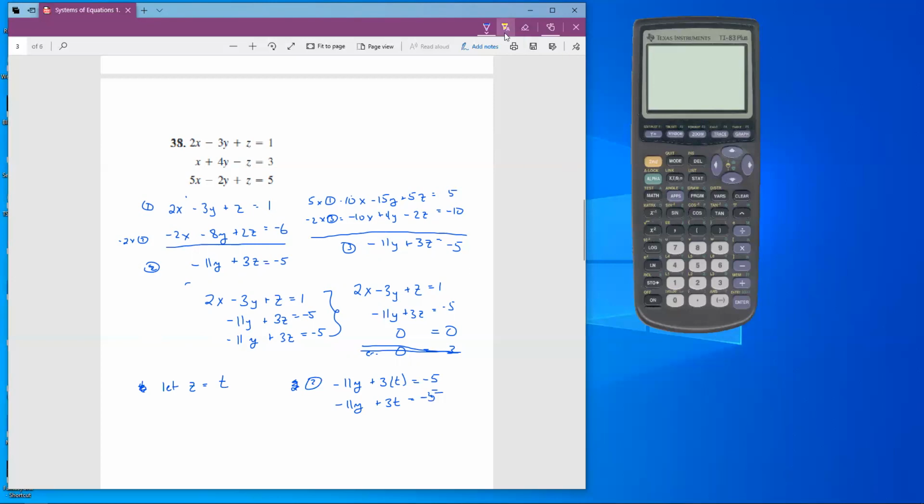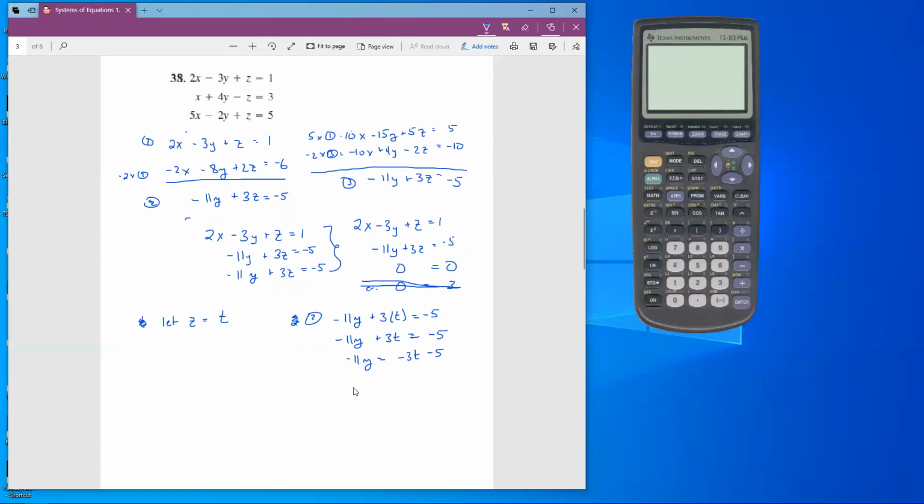So we have negative 11y is equal to negative 3t minus 5. If I divide both sides by 11 here, we end up with y is equal to 3/11 t plus 5 over 11. The negative sign changed the two signs here.